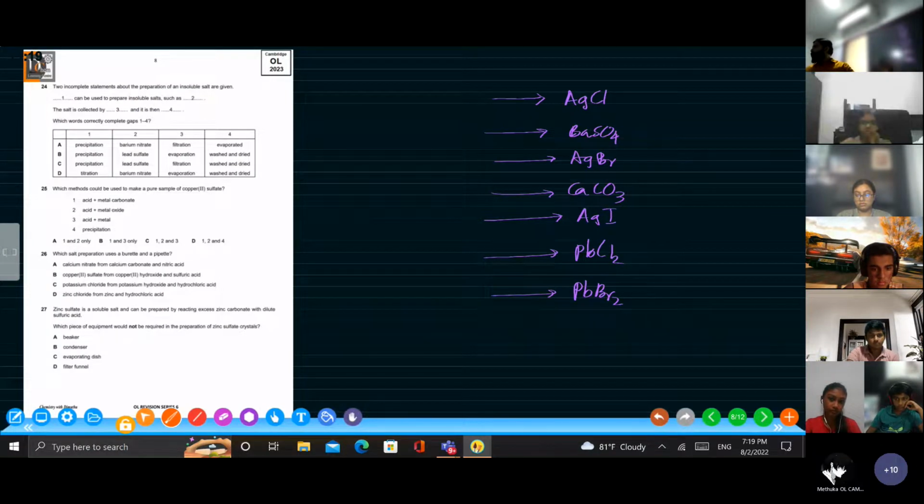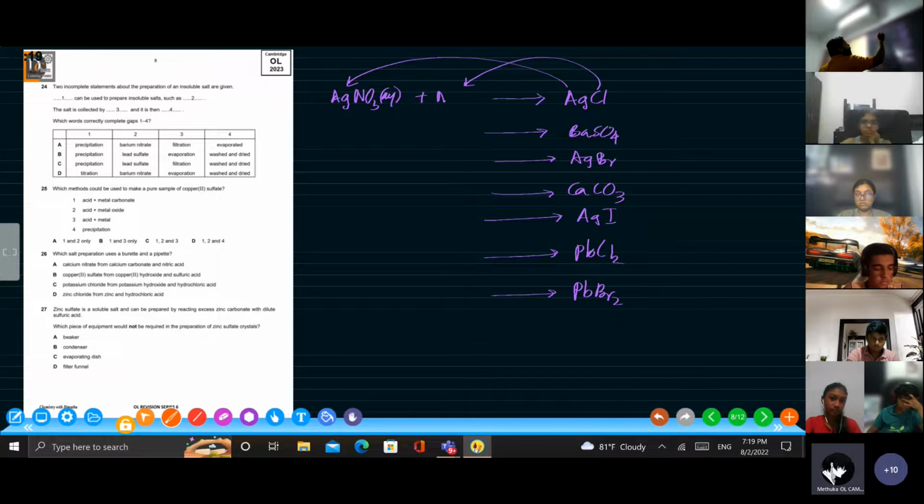They are not soluble. What you have to add: you must use a soluble silver salt and a soluble chloride salt. That's the rule. If you want to produce an insoluble salt, you must use soluble salts to start off with.